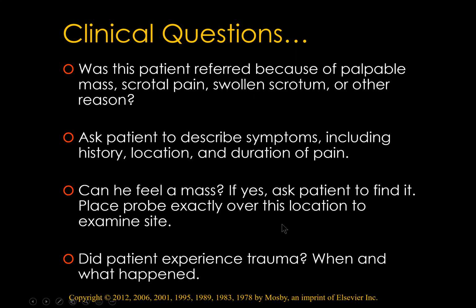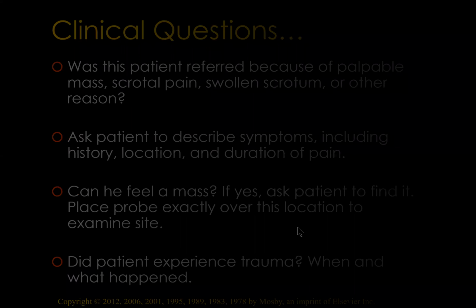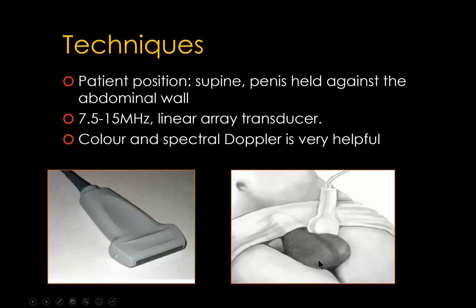The patient is in supine position. The penis is held, as it is here, by the patient against the abdominal wall. The patient is asked to place his legs close together, or sometimes you can use a towel, to provide support for the scrotum.